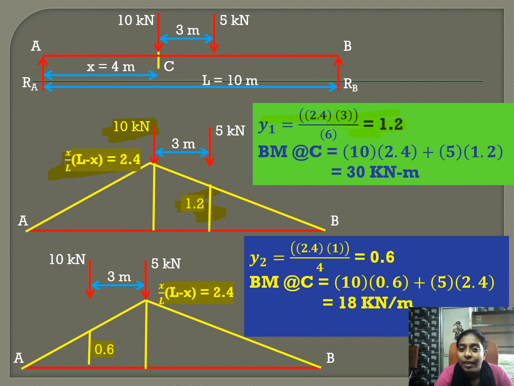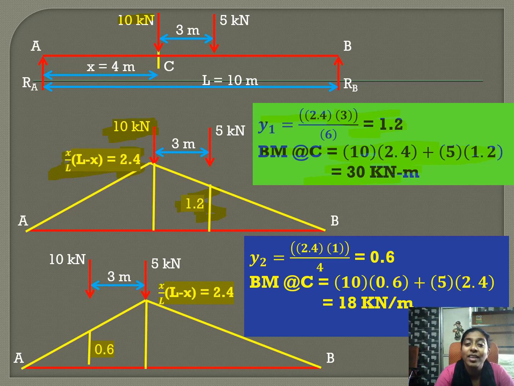Now the bending moment at C is obtained by multiplying the magnitude of the load by the ordinates. That is 10 multiplied by the ordinate 2.4 plus 5 kilonewton multiplied by 1.2. So we get the bending moment at C as 30 kilonewton meter.